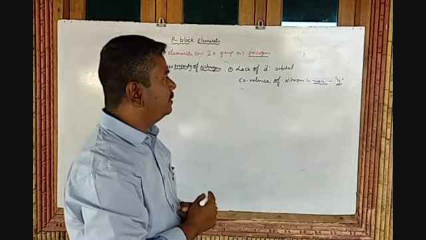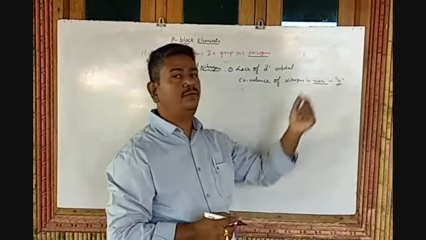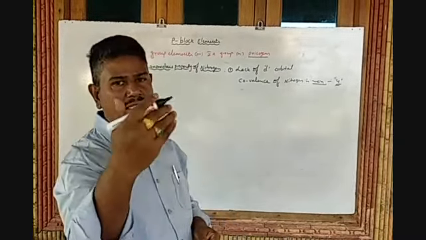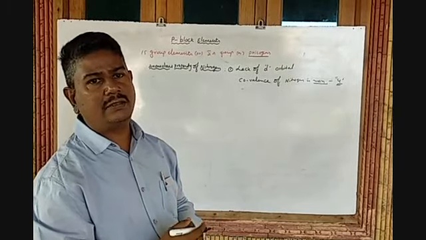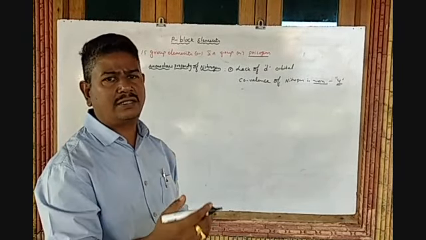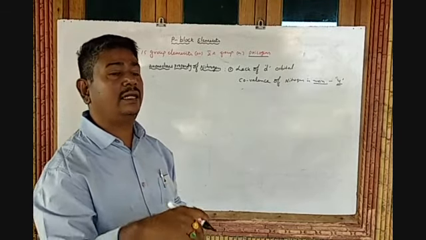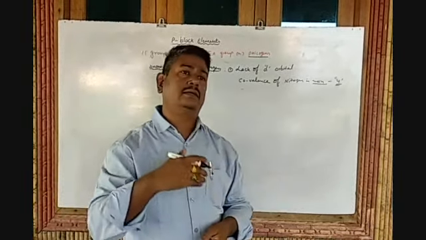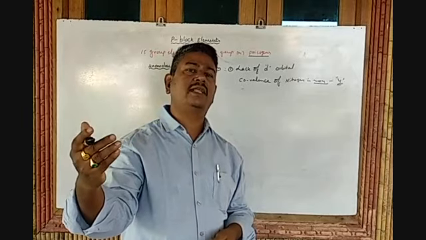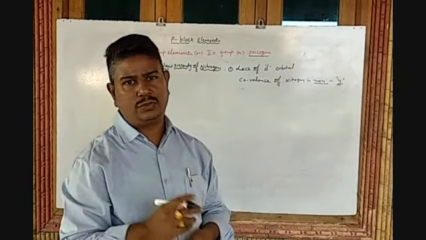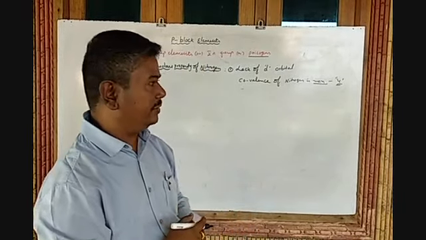But in the rest of the elements, phosphorus, arsenic, antimony or bismuth, the presence of d orbitals lets them easily extend their valency up to 5. So that is one of the abnormal behaviors.